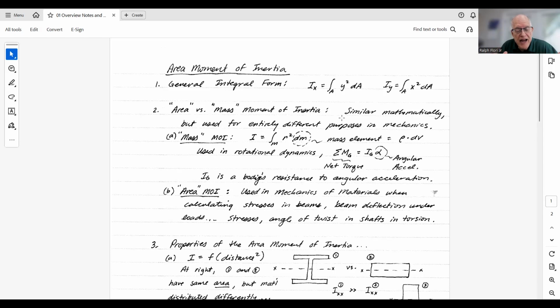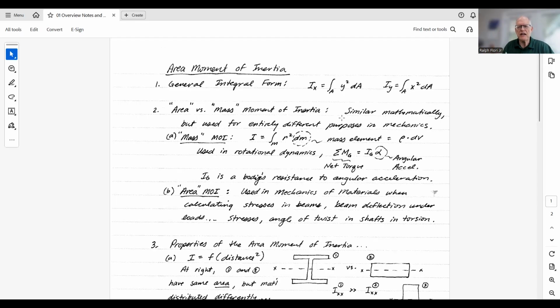But in dynamics, you'll use mass moments of inertia, which are defined in basically the same way. A mass moment of inertia I about a particular axis is equal to the integral over the mass of r squared dm, where dm is a mass element with some mass density rho times a dV.